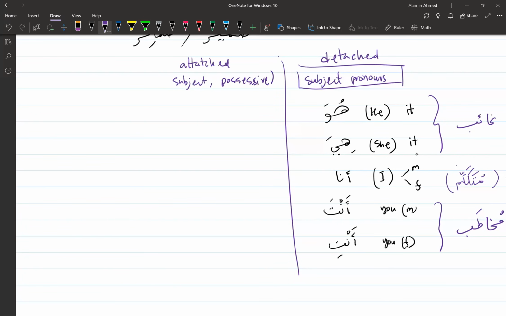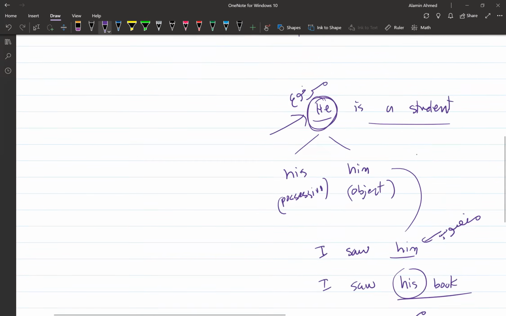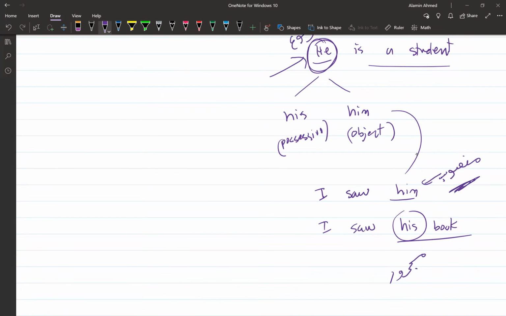What does it mean? It means we use one pronoun for both of them. So that's a little bit easier than English, you might think, which is true, right? So we'll be using one same pronoun for both the mansub state, the object, and we'll be using it for majrur.